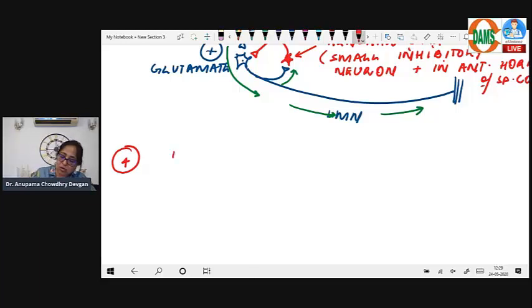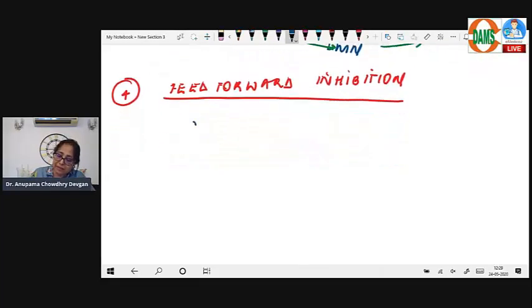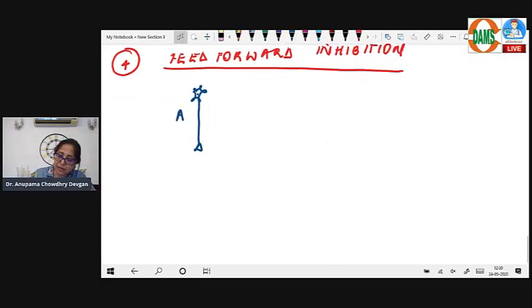The 4th type is what is known as feed-forward inhibition, right? Now, what happens in the case of feed-forward inhibition? Let's see that. There are 3 neurons here.